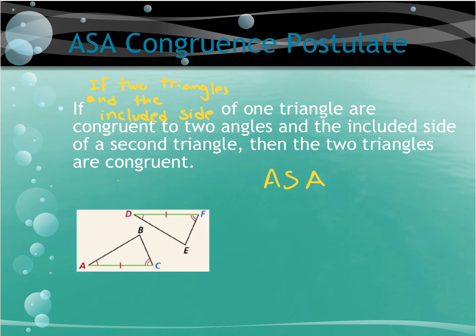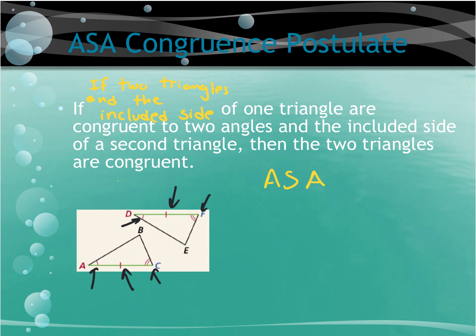If you guys notice, we have, let's say, angle A and angle D are congruent. They give it to us with that tick mark. And then right next to it is this side that is congruent with this side. And then right after, we have the second angle that's congruent to the second angle. That is the only way that the congruence postulate works. It's angle, side, angle, and it has to be in that order for any triangle.